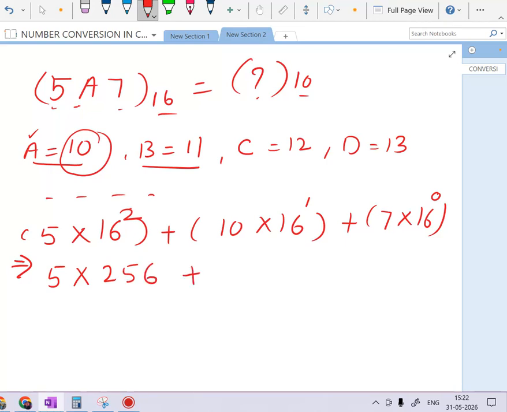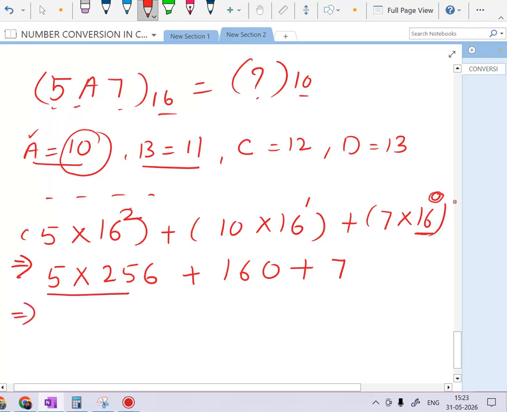And plus here, no power at all, so 16 tens are simply 160. And plus here, it does not exist because the power is 0, as I told you earlier. So 7 you can note down as it is. Alright, and then finally you solve.